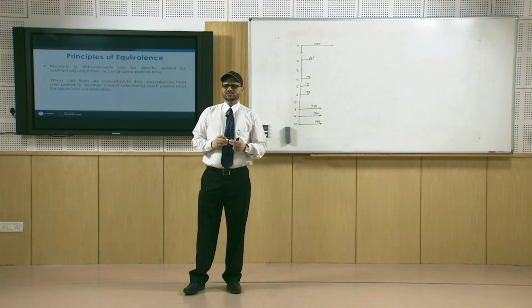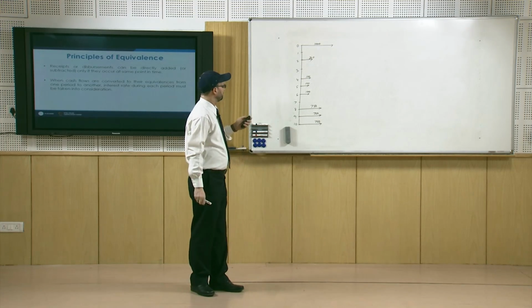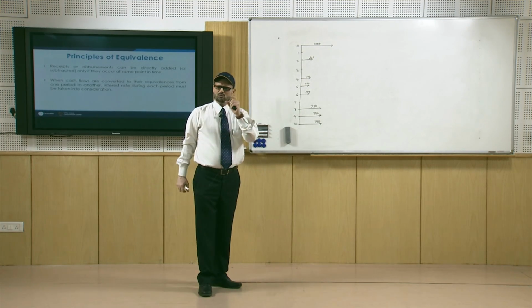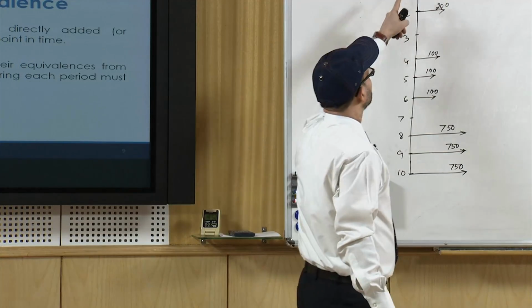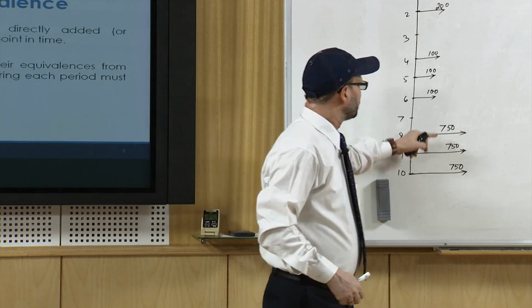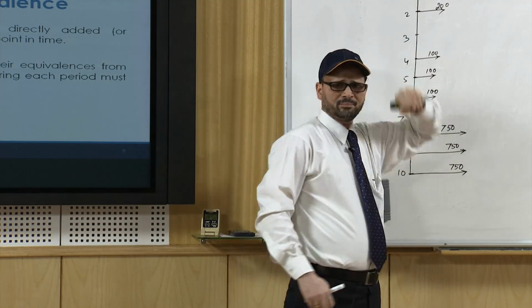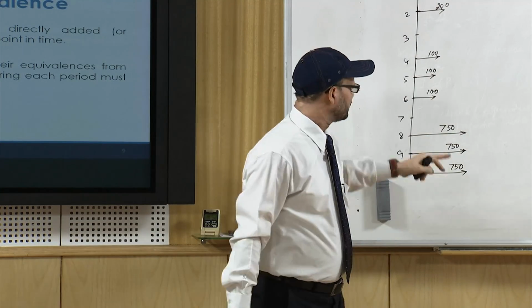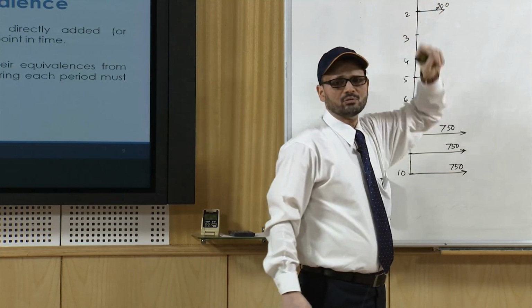Now, in such problems, if you have to find the equivalent value at the present time, you cannot add these quantities directly. You will have to convert them to their equivalent value at this particular time.